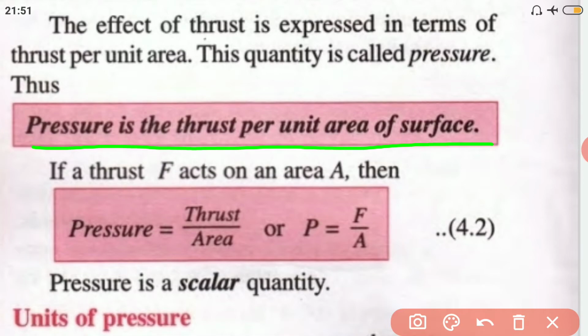If thrust is represented by F and the area is represented by A, then the pressure formula will be P equals F upon A, which is pressure equals thrust by area, which shows that pressure is directly proportional to the thrust and inversely proportional to the area. And pressure is a scalar quantity. Let us try to understand why pressure is a scalar quantity.